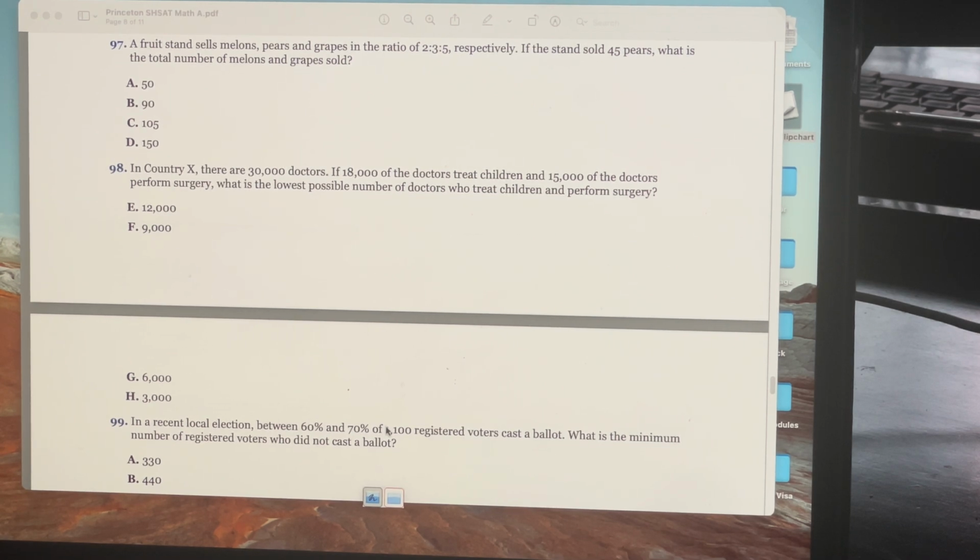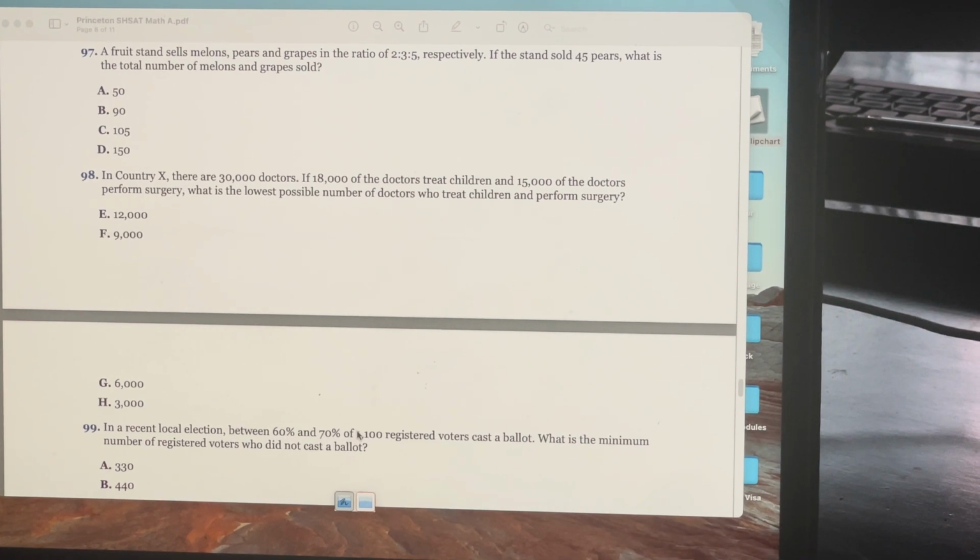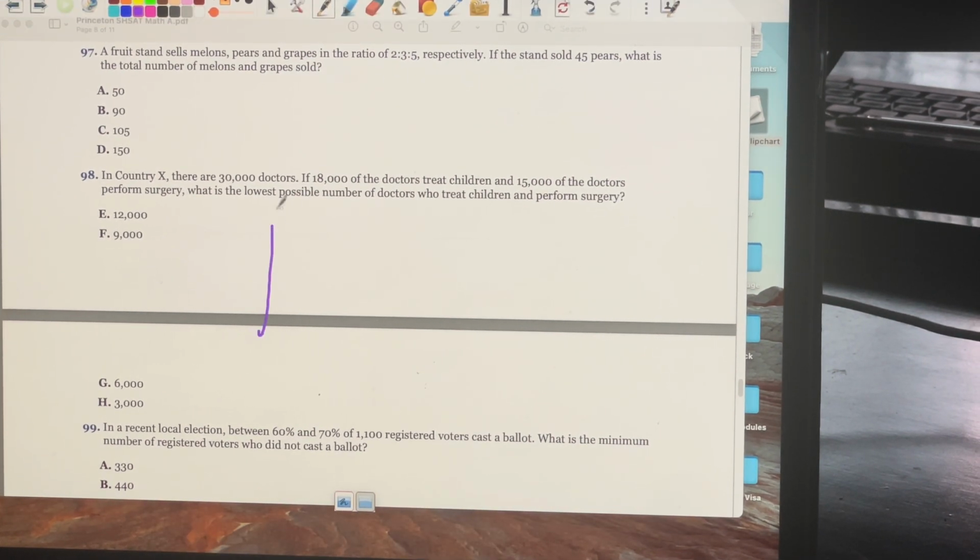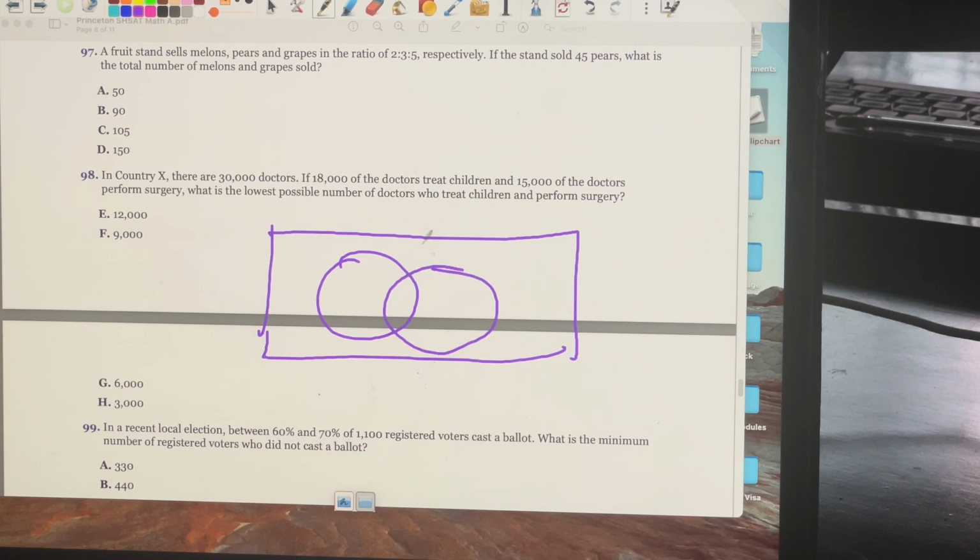What is the lowest number of possible doctors who treat children and perform surgery? So another Venn diagram. Here's what we have: these doctors over here only treat children, and these doctors over here do surgery.